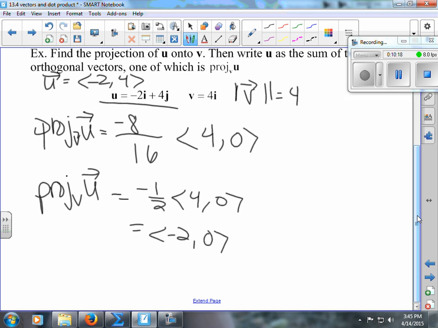Let me kind of draw you a picture of what's happening here, and we'll see it's very simple to find that other vector. But negative 2, 4 goes left 2 and down 4. So this is my u. This is u here. And v is the vector who is just simply 4 to the right. So here's v.